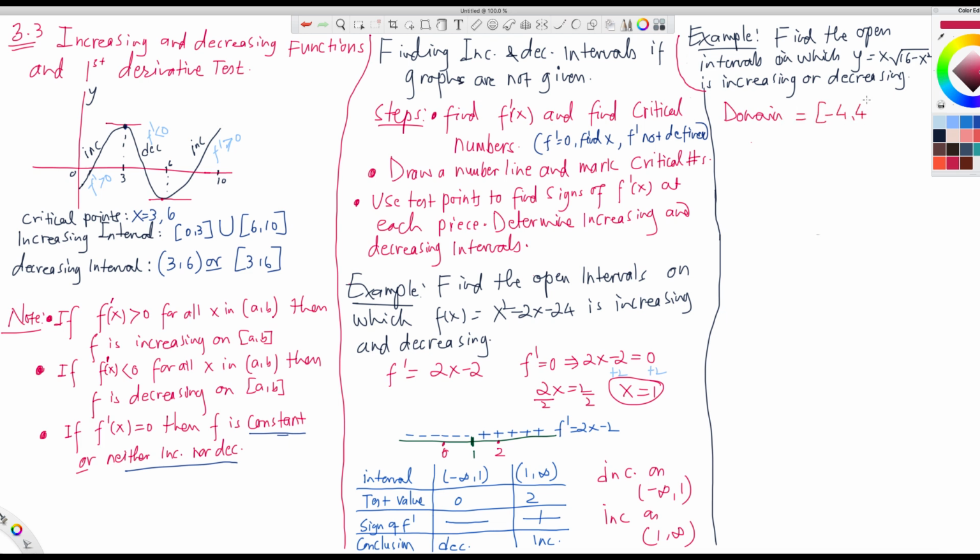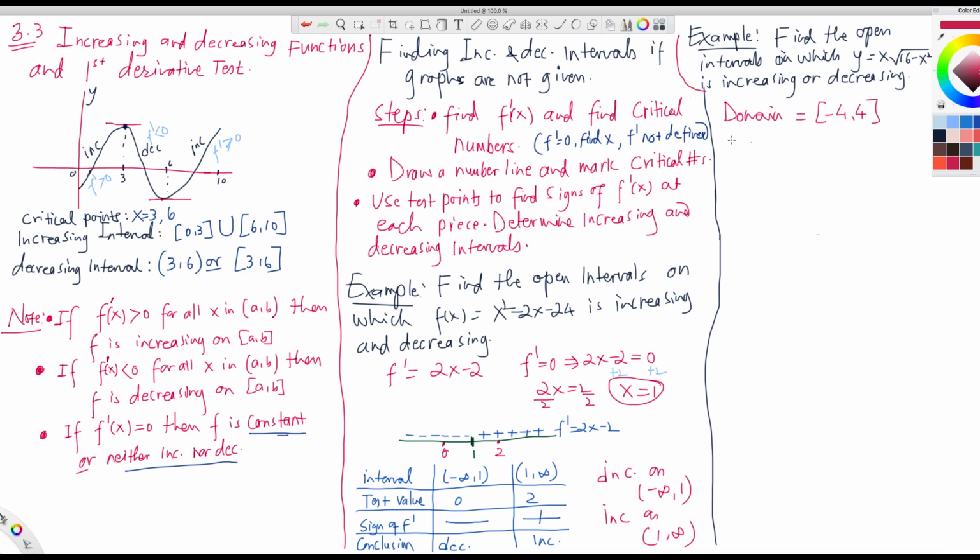When you find the critical numbers, you will list only those that lie between negative 4 and positive 4. And when you draw the number line, you will do it only between negative 4 and positive 4. Outside, the function is not defined. That's why.